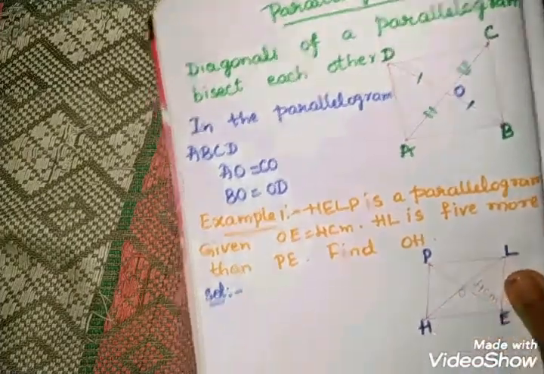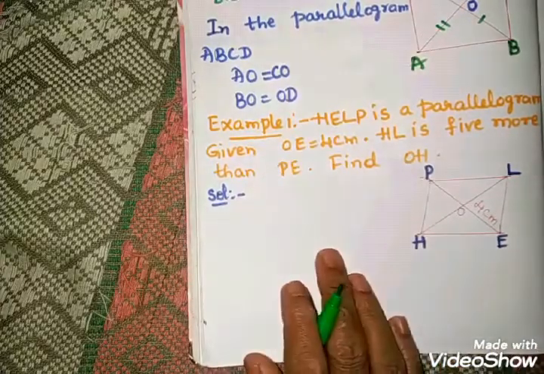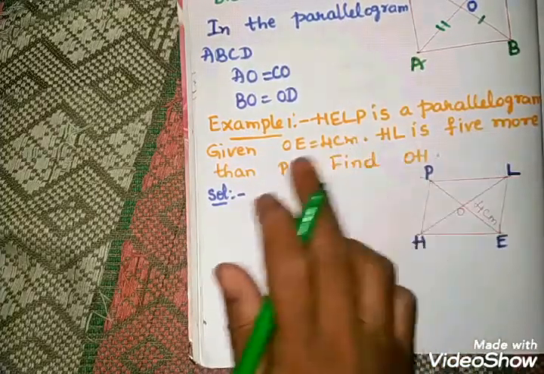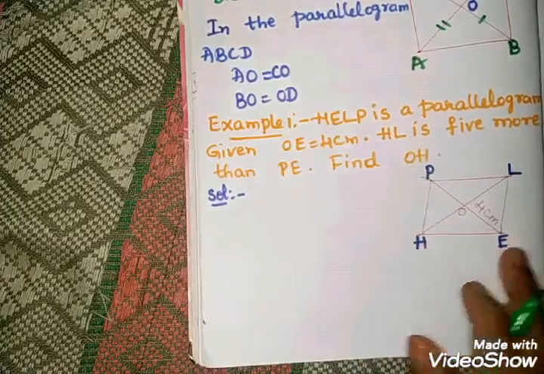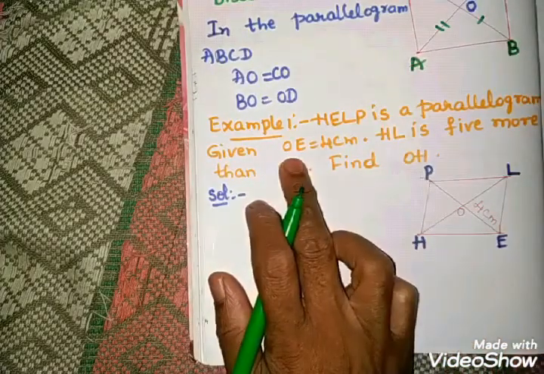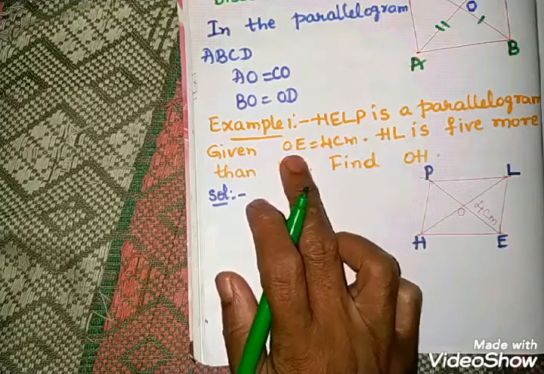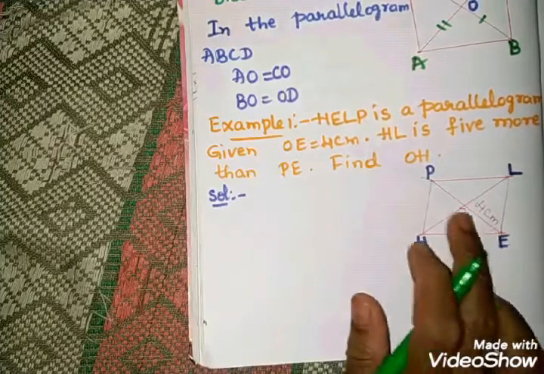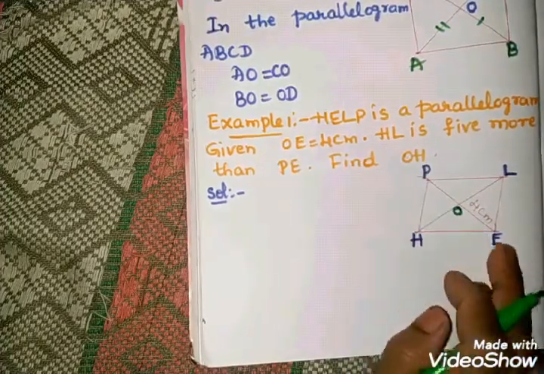Related to that, let us try to solve one sum. Example 1. HELP is a parallelogram. Here you can observe, children, HELP is a parallelogram. Here they gave one part of the diagonal, that is OE is equal to 4 centimeter.